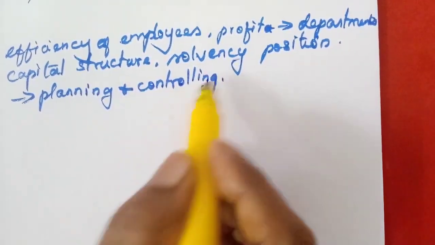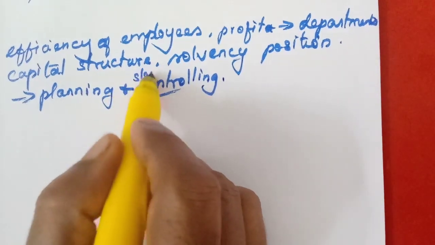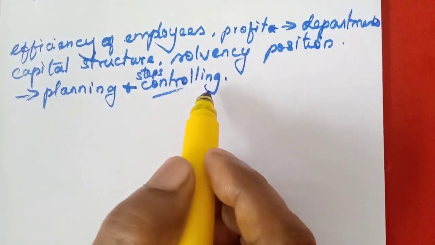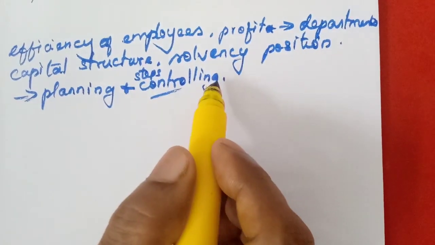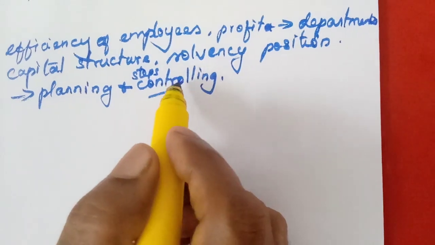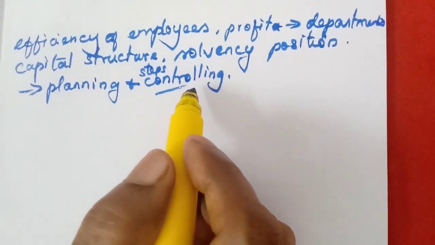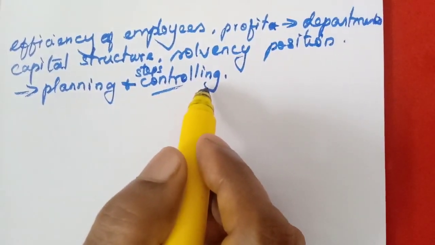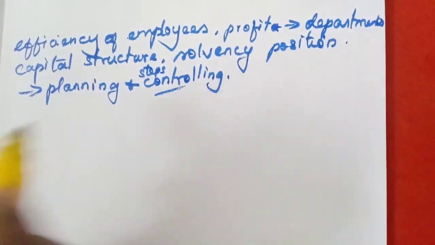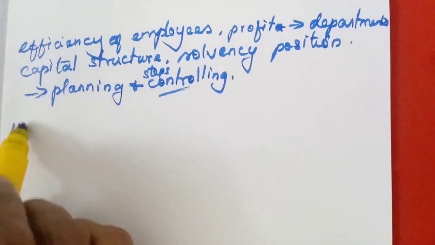They will take remedial steps, that is called controlling all the business operations. Understood? So for all these purposes, they need the financial information for planning and controlling of the business operations. Then the third one, employees.